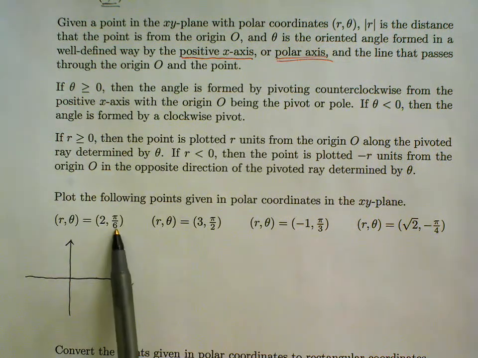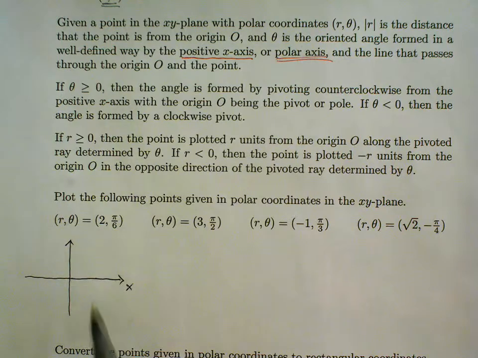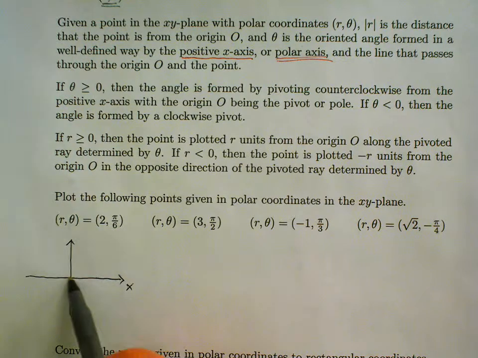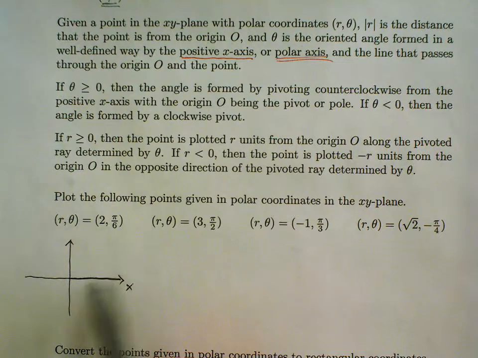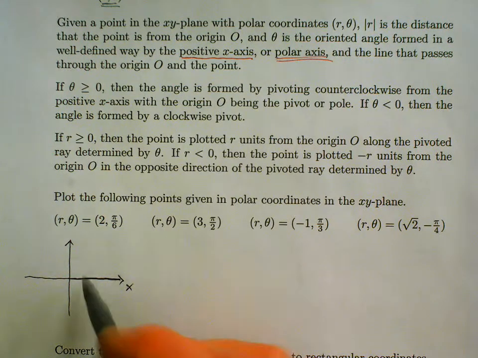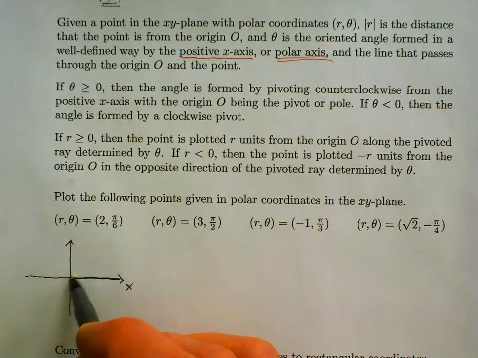Theta is positive pi/6, so we're going to pivot counterclockwise an angle of pi/6 radians, which is equivalent to 30 degrees.